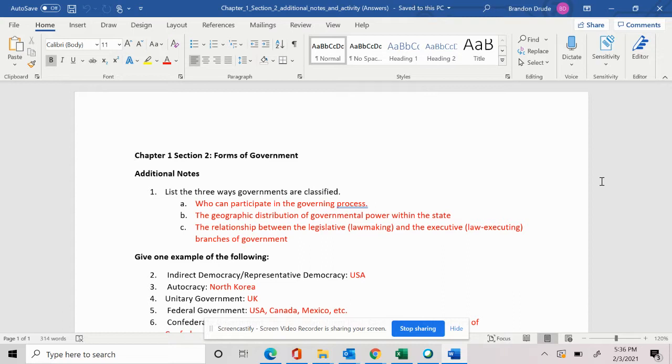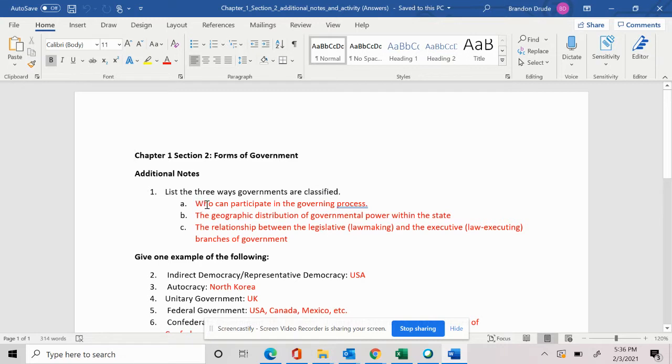Section 2 additional notes is a lot of review because I went into great detail with the outline. So we're going right into it. Through the three ways governments are classified, we've discussed this.